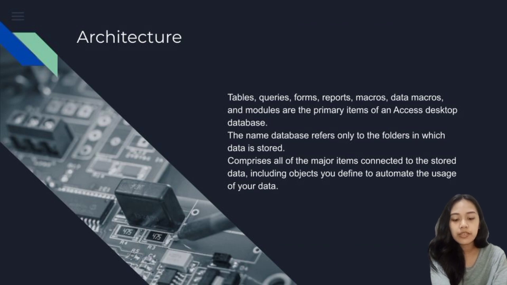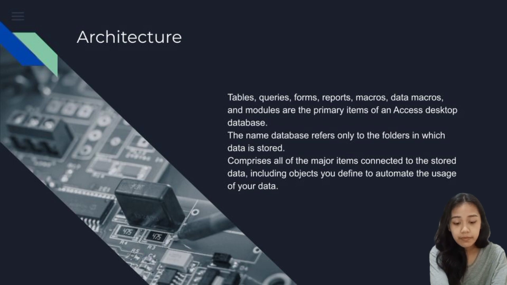Architecture. Anything with a name and an object can be called by Access. Tables, queries, forms, reports, macros, data macros, and modules are the primary items of an Access desktop database. If you worked with previous database systems on desktop computers, you may have noticed that the name database refers only to the folders in which data is stored.